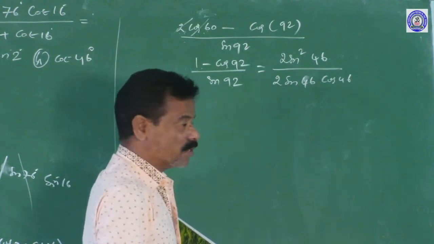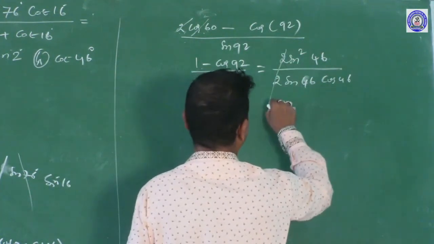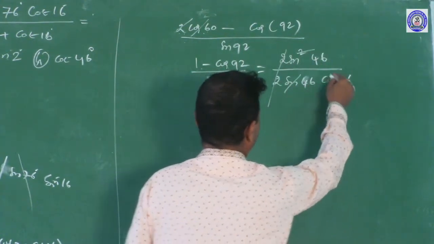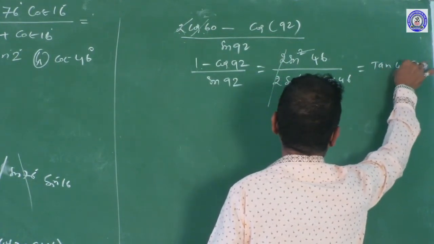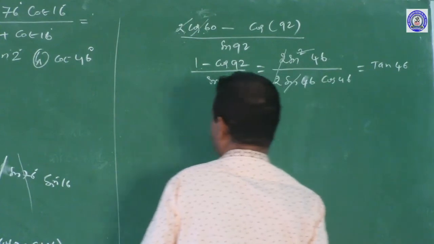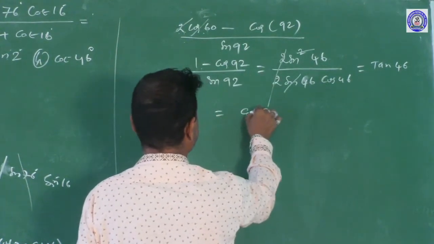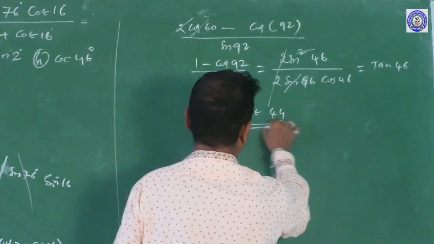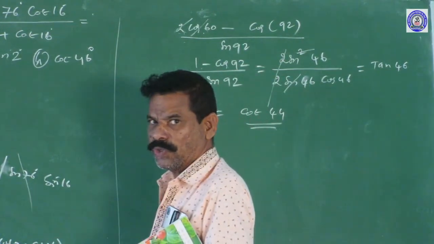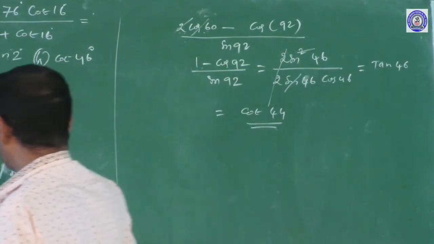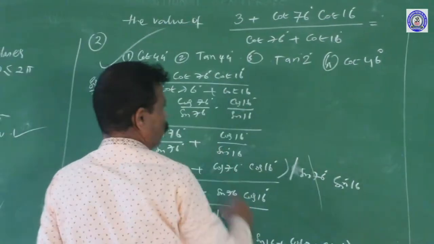Here the 2s cancel and one sin cancels, remaining sin by cos, tan 46. In terms of cot it is cot 44, since 44 plus 46 is 90. So cot 44 is the right answer.